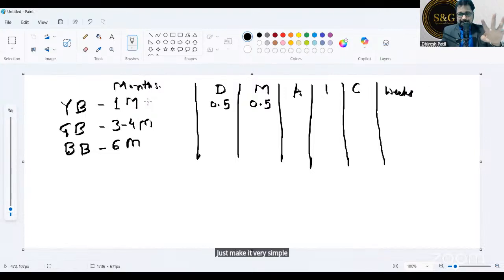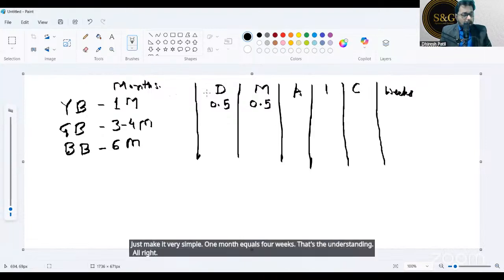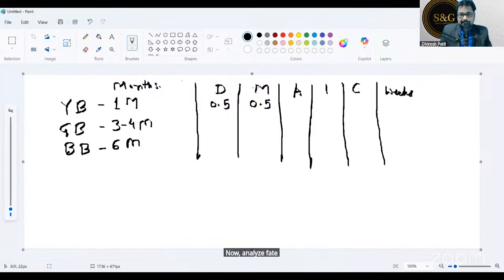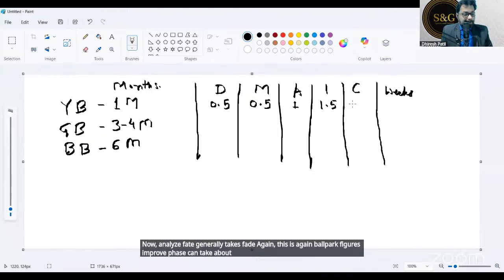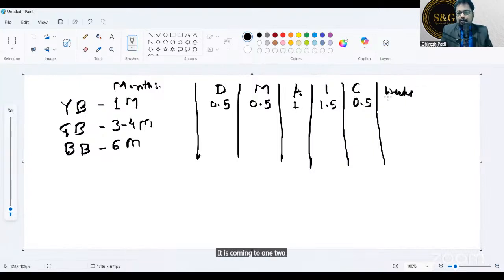That's the understanding. Now the analyze phase generally takes, again, ballpark figures. The improve phase can take about 1.5, and then the control phase is another for the yellow belt level. So if you add this up, it comes to 4 weeks.